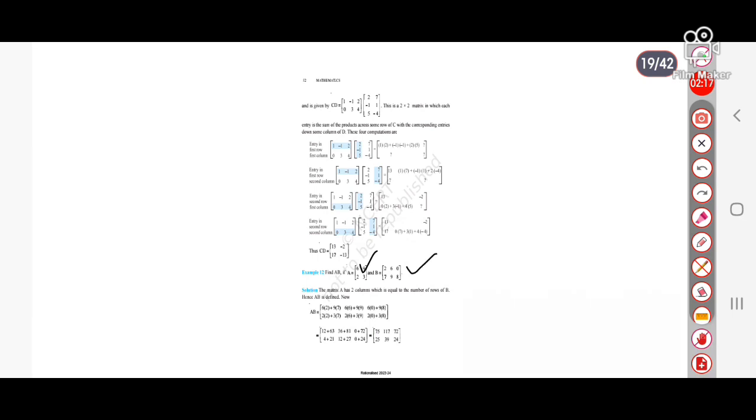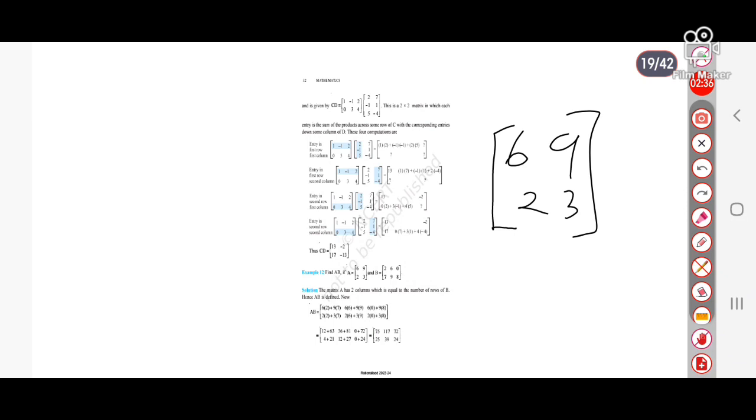Now these two should be multiplied to find the result of AB. So they have taken the numbers as 6, 9, 2, 3, and the next is 2, 7, 6, 0, 9, 8.